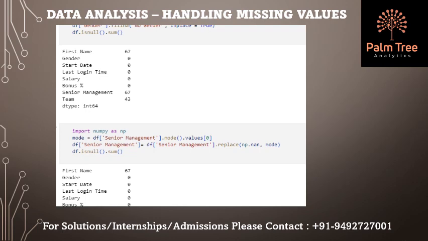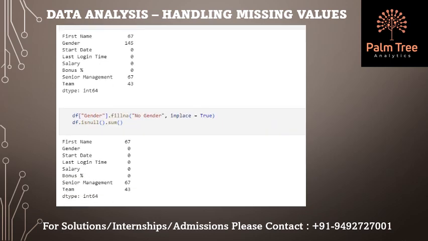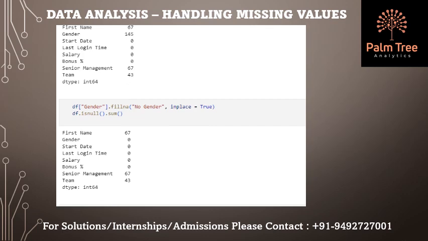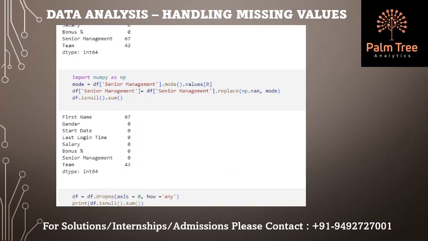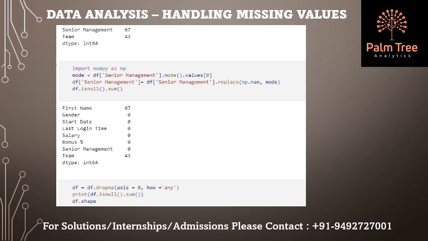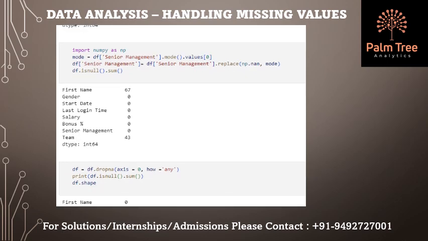In the case of numerical variables, people replace with the mean. It is one of the methods; there could be other methods depending upon the circumstances. Now if we cross-check senior management after replacing, it shows 0.